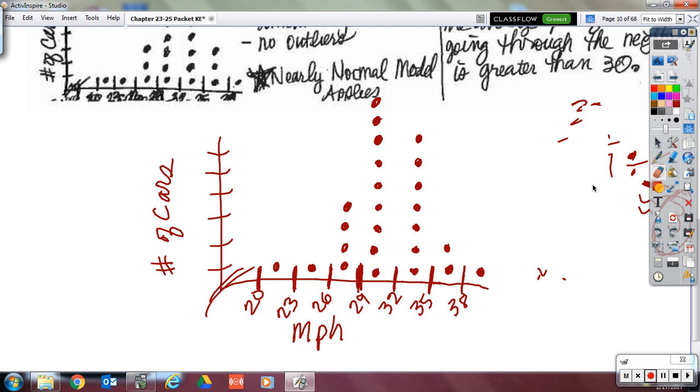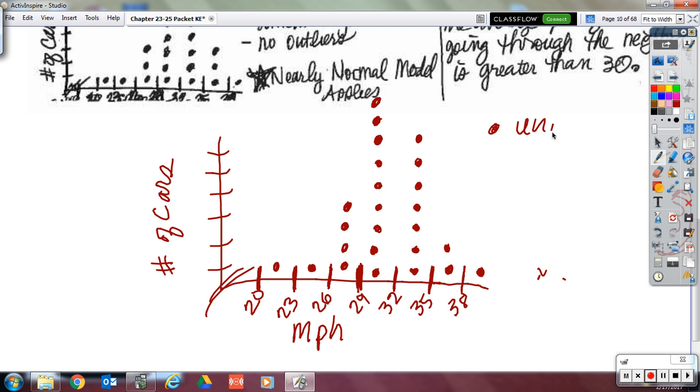Okay, and now the purpose of this is to say that the population this is coming from isn't too crazy to assume that the nearly normal model applies. Do you think that it is so whacked out and funky that it scares me about the shape of the population? No, I'm liking this. Here are the things you have to notate.